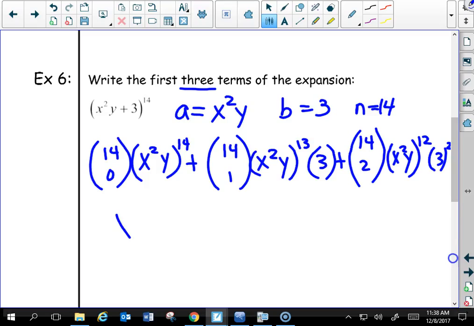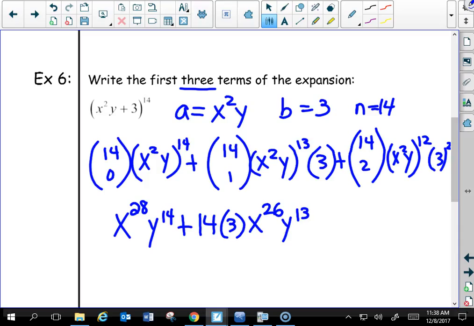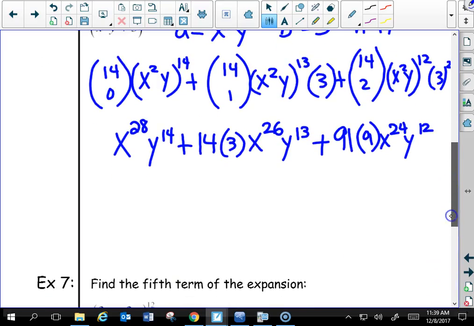Simplifying, we get x to the 2 times 14 is 28, y to the 14th power, plus 14 times 3, I'm just moving that multiplication up, x to the 2 times 13 is 26, y to the 13th power, plus the combination 14 and 2 is 91 times 9, x to the 2 times 12 is 24, y to the 12th power, and those are my first three terms.